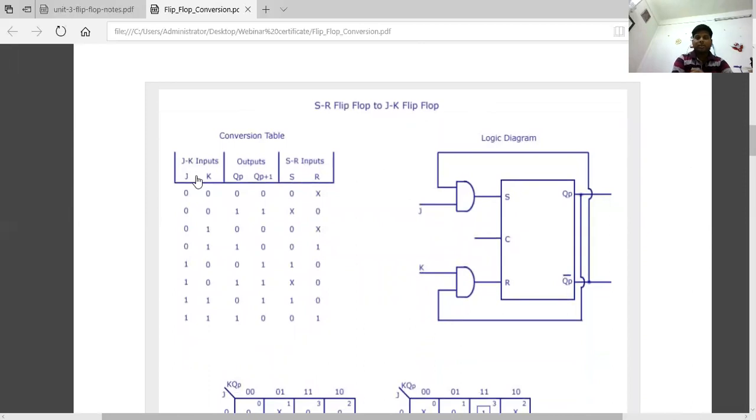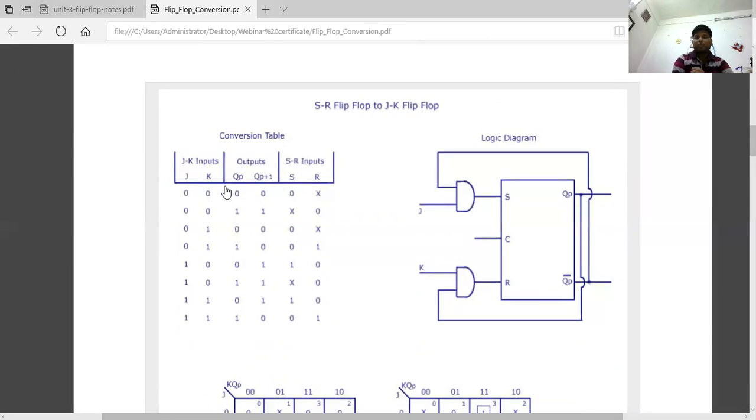In the conversion table, you can see the J and K input sections. This is the input section, this is the present state output QP, and this is the next state output, and the combination with the SR input.